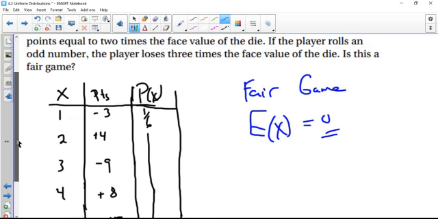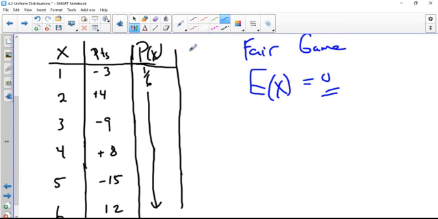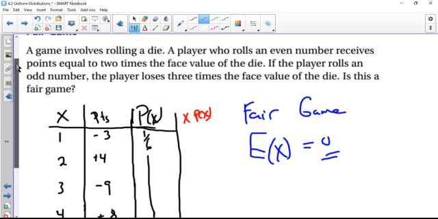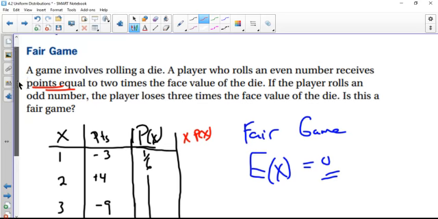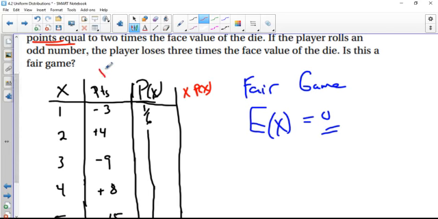Okay, so let's find our expected values, or more appropriately xp at x. Now, since we're more interested in the points, we have to consider our points as the x, not the actual dice.